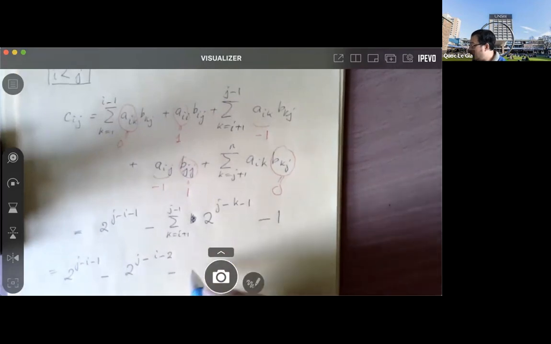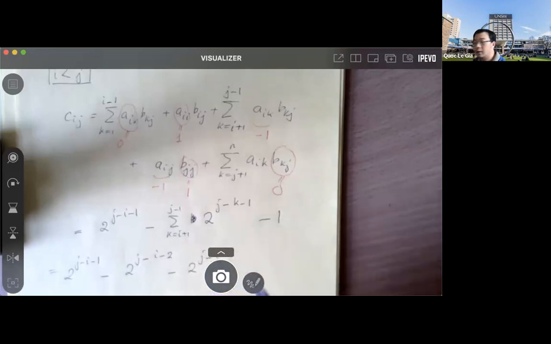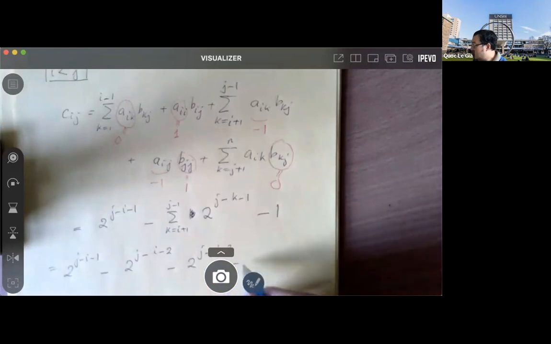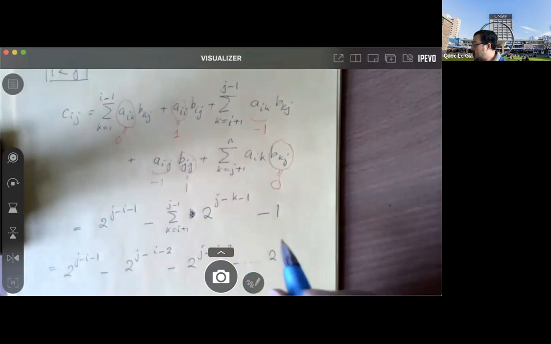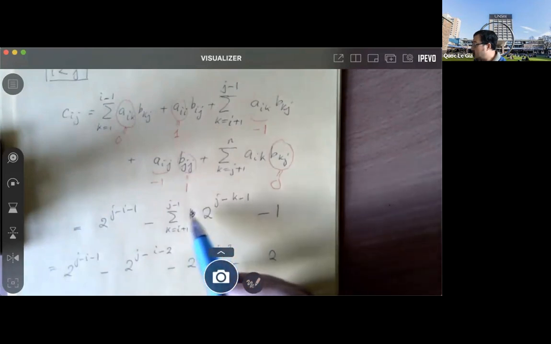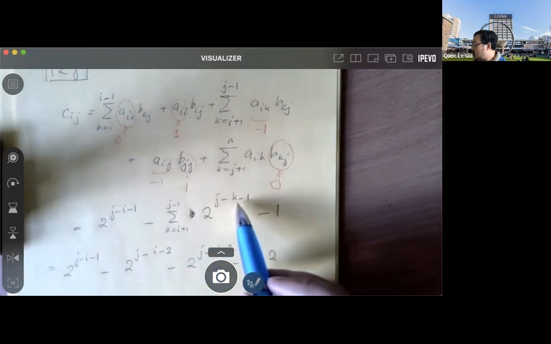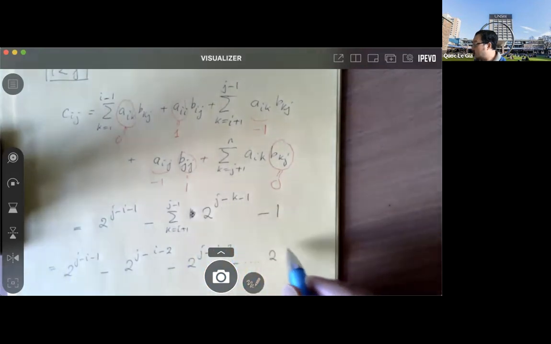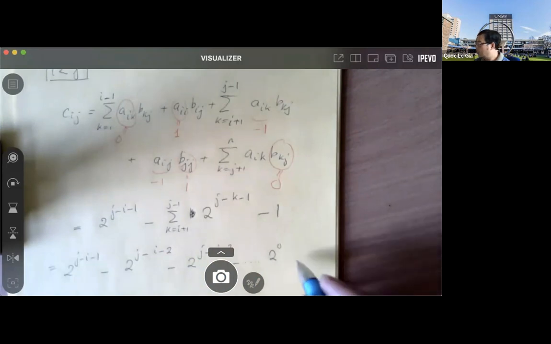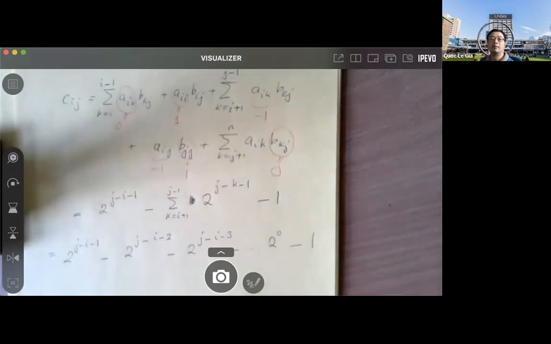And then I have 2 to the j minus i minus 3, and so on. So what is the last term? You put in k equals j minus 1, so j minus j plus 1 is 1, so 2 to the 0, right? Minus 1.